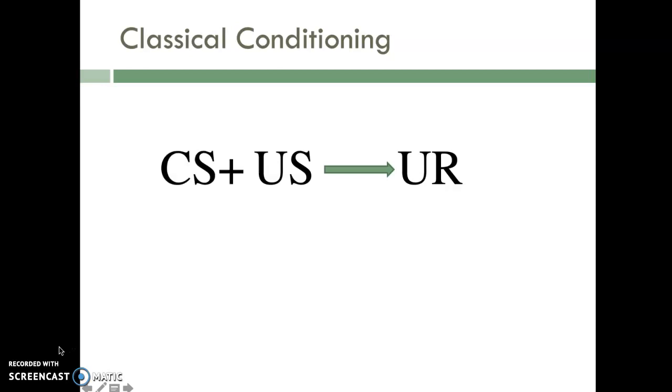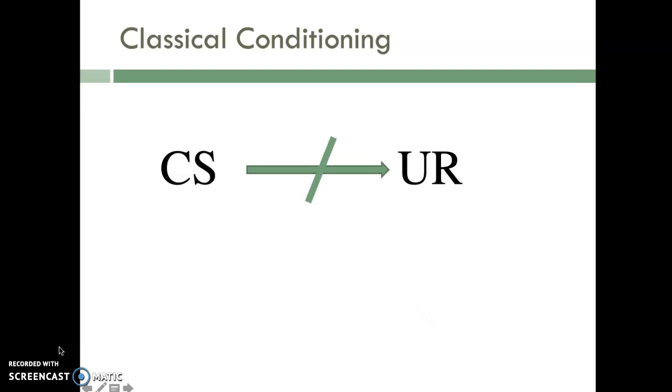But then during classical conditioning, the unconditioned stimulus is paired repeatedly with a neutral stimulus, which is called the conditioned stimulus. And this is the learning period. This is called the training period, when the unconditioned stimulus is repeatedly paired with the conditioned stimulus.